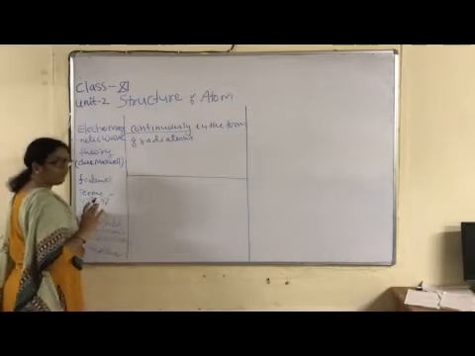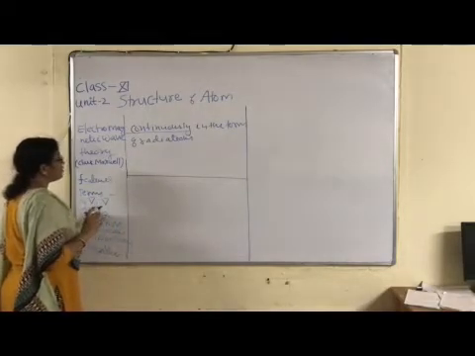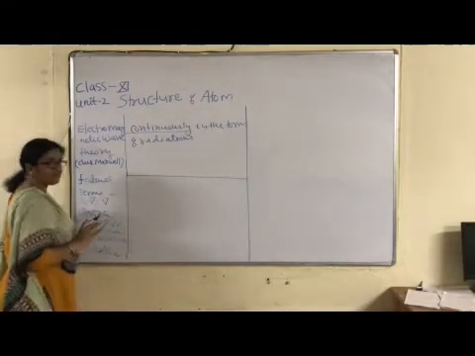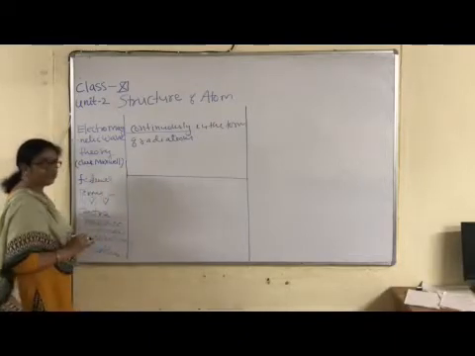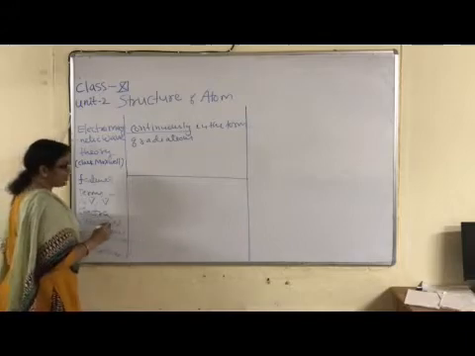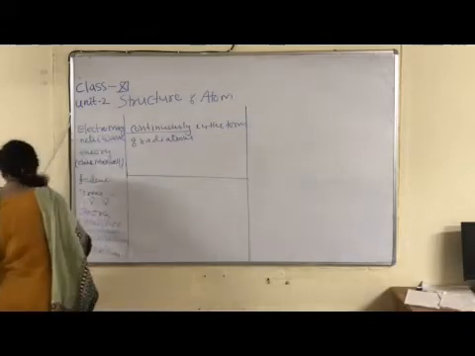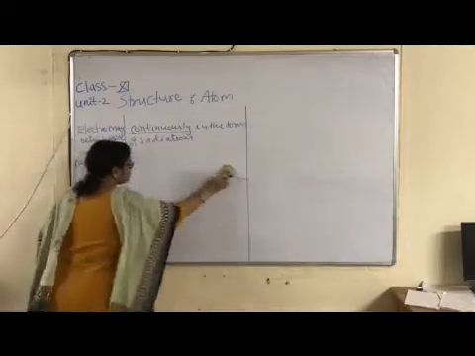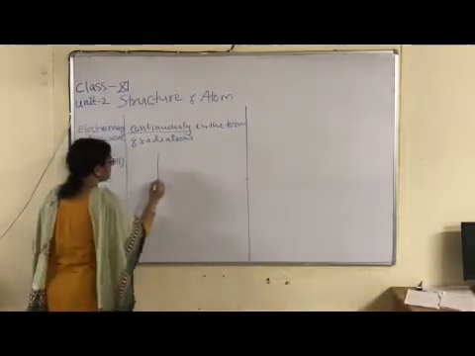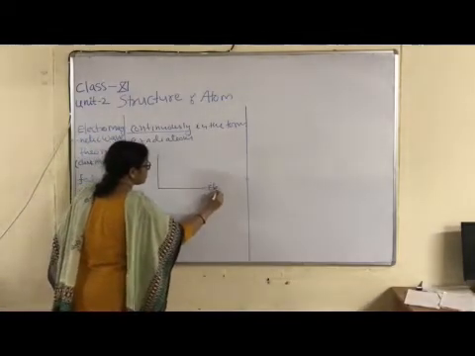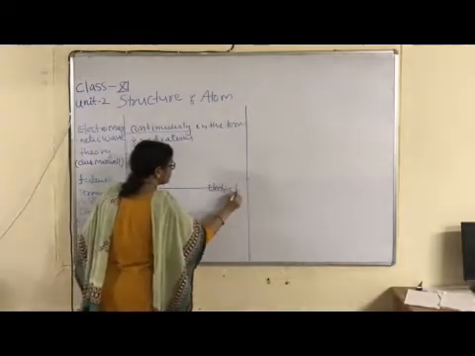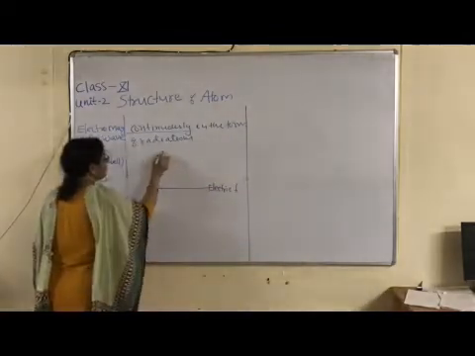Electromagnetic waves. What is the meaning of electro and magnetic? Radiations consist of two fields. First is electric field and second is magnetic field. Electric field will produce magnetic field.